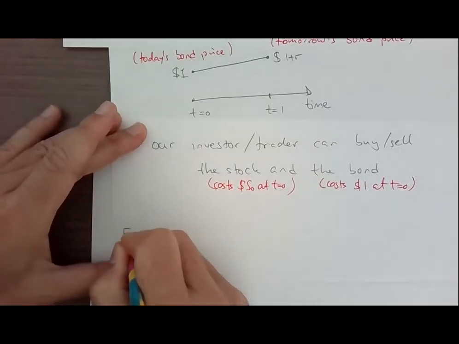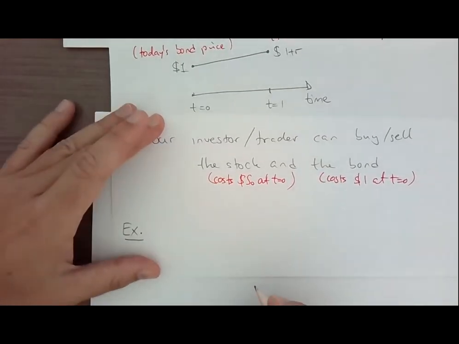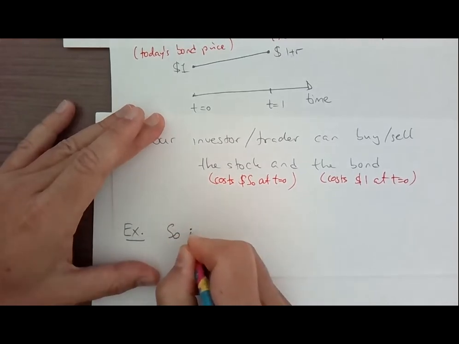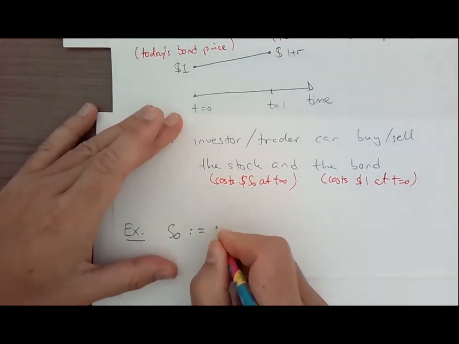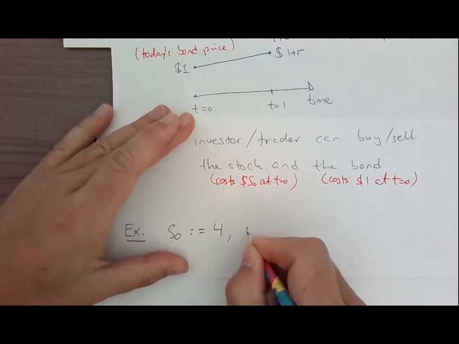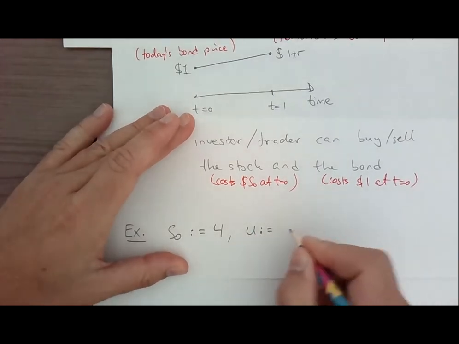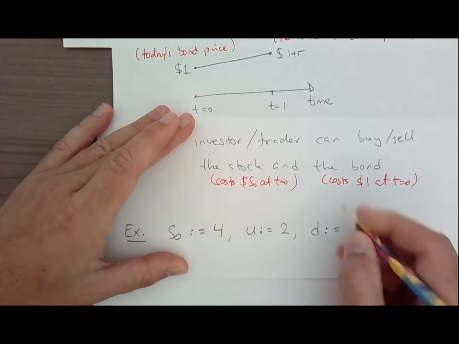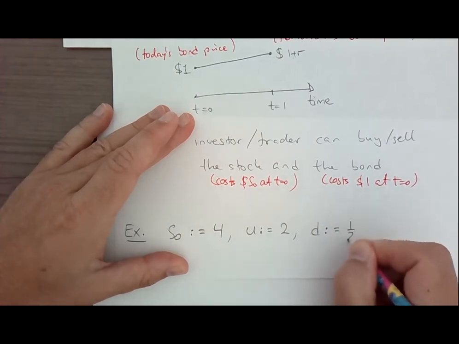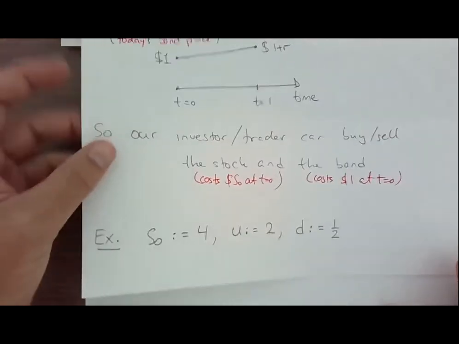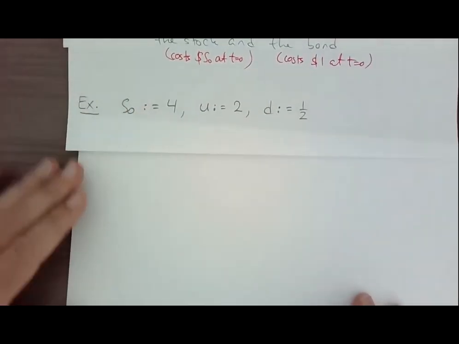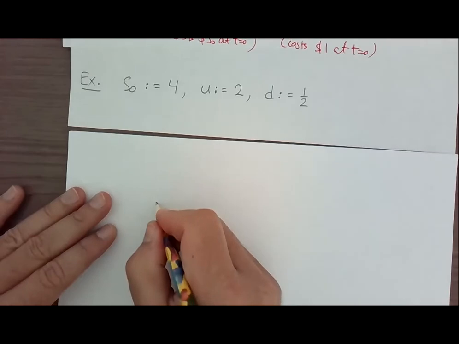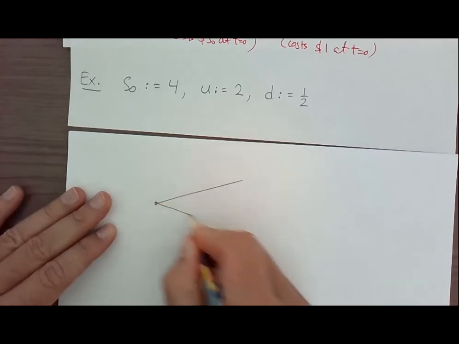Let's do an example. We're going to say that S0 is equal to 4. We're going to say that u is equal to 2. And we're going to say that d is equal to a half. So then when we look at the stock, you're going to have a picture that looks like this.